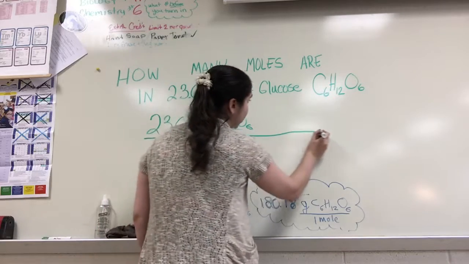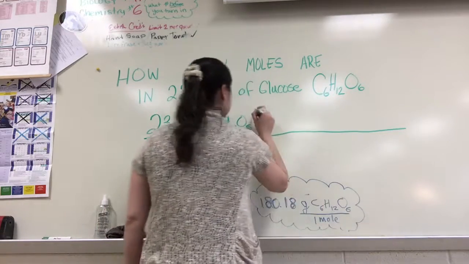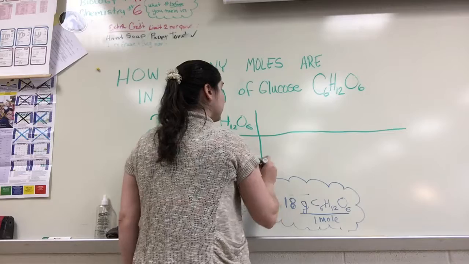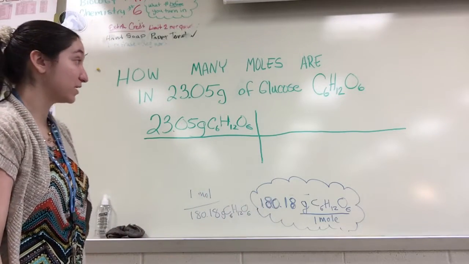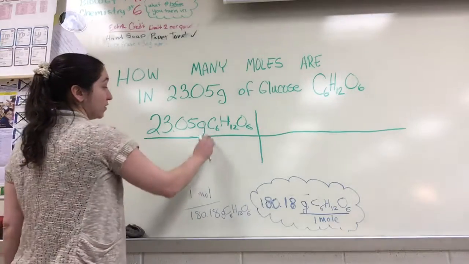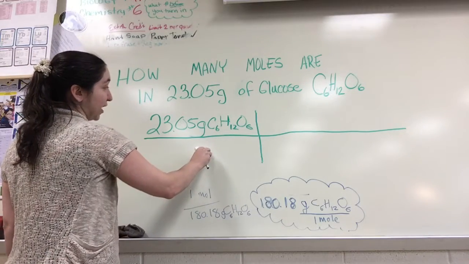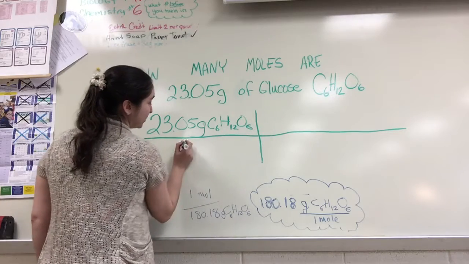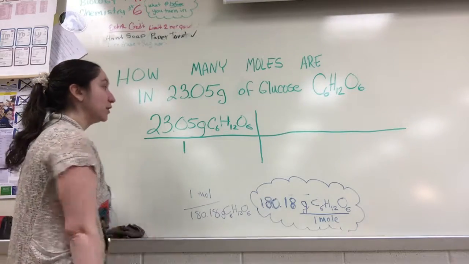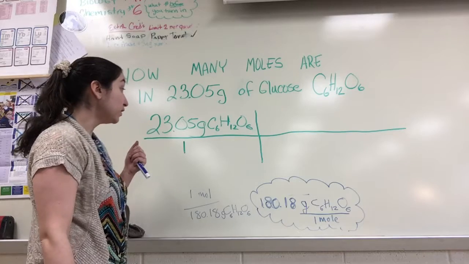I want to get to moles right now. Up and down means to divide. Across means to multiply. And this is over a whole number, it's just over 1.